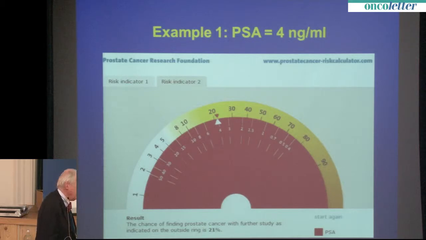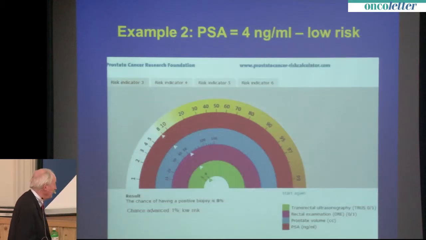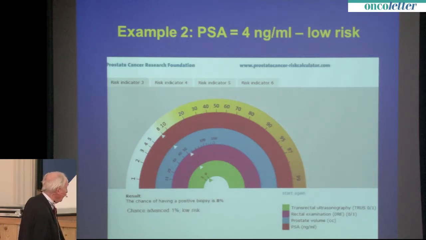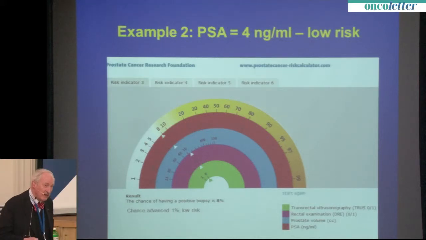Now, if I did a rectal examination, did an ultrasound study, and measured prostatic volume, and found that this man had a normal rectal examination, a normal ultrasound, no hypoechogenic lesions, no nodules in the prostate, a prostate volume measured by ultrasound of 55 cubic centimeters, PSA is still 4, then his chance of having a positive biopsy would be only about 8%. And the chance of an advanced or high-risk disease would be only 1%. So this man with a PSA of 4 in my hands would not get a biopsy, obviously.